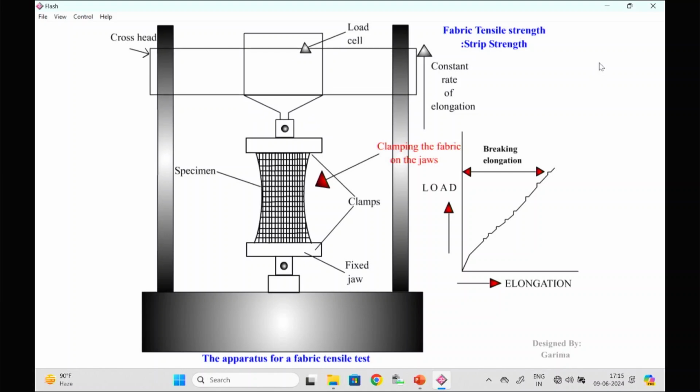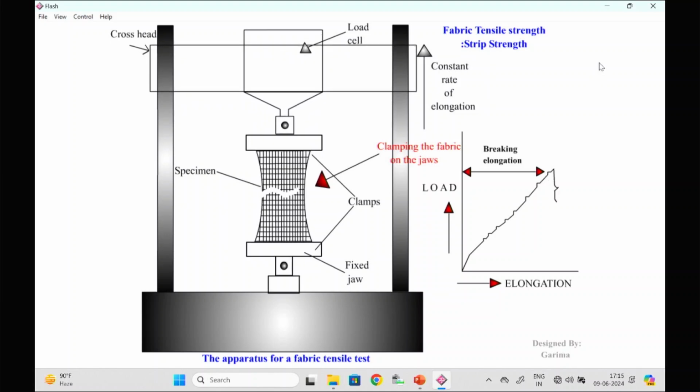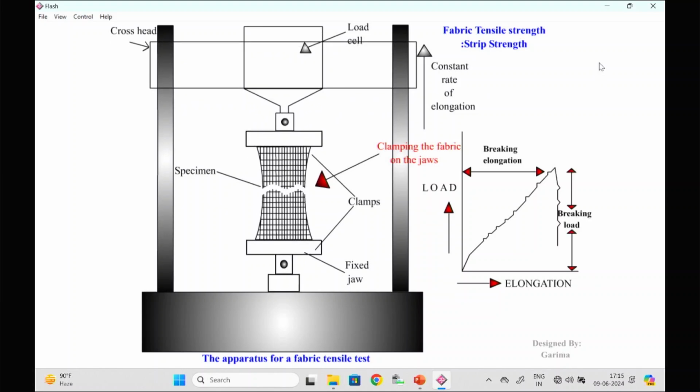So due to crimp interchange, the waisting effect, and then breakage stretches. As we have discussed, after reaching peak load, it is still carrying some load, but we will consider the peak load as the breaking load.